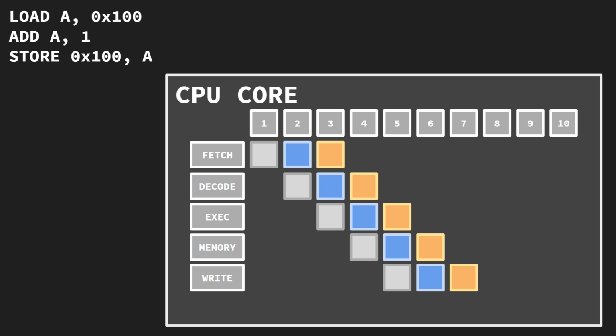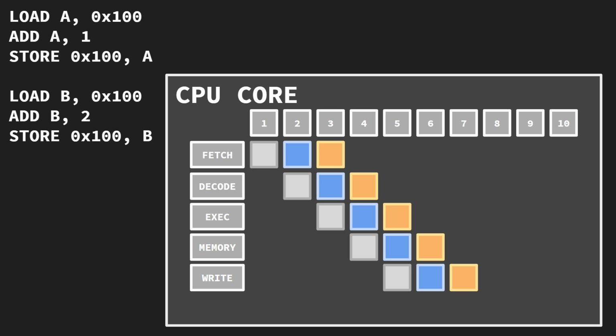So that's super nice. Then we can think of another instruction that loads from the same RAM address into B, increases it by 2, and then stores it back. And here you see that it's one application, one program that is accessing the same memory address. And that's also a hazard. That can be a problem, because it'll kick A out.